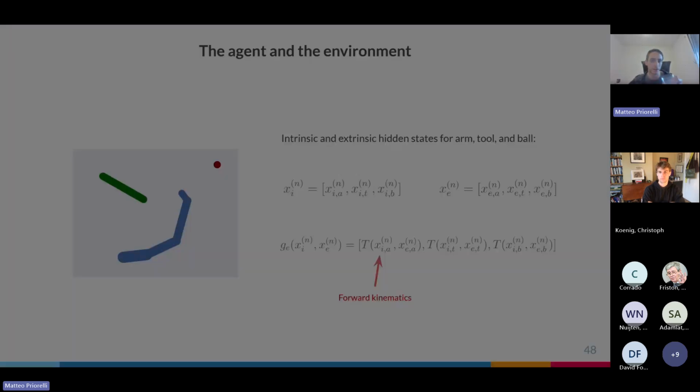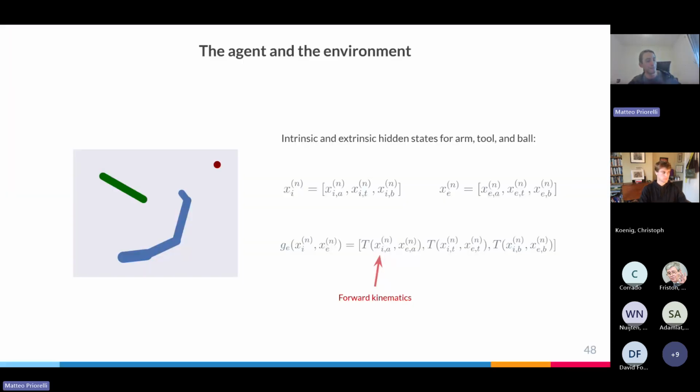So putting everything together, for tool use, we now define a different factorization for the intrinsic and extrinsic hidden states of each level in three components. The first component encodes our actual body configuration, and the other two encode these potential configurations related to the tool and the ball, and we compute the forward kinematics for each of these components.